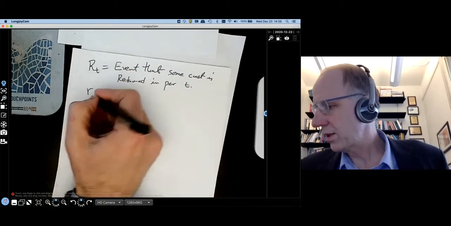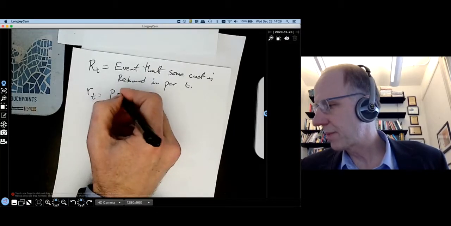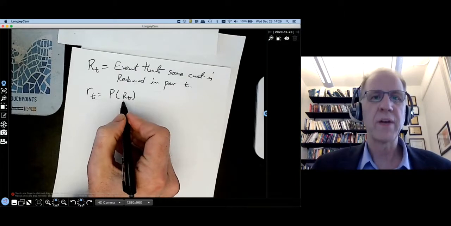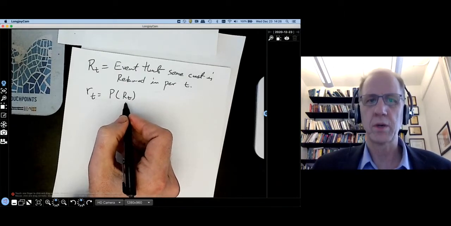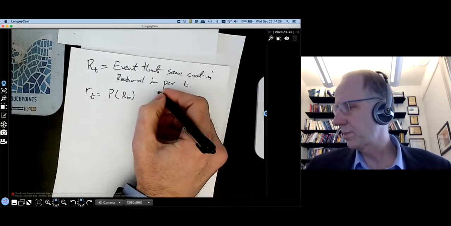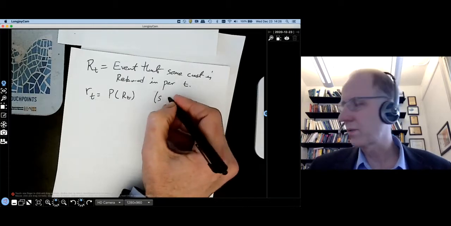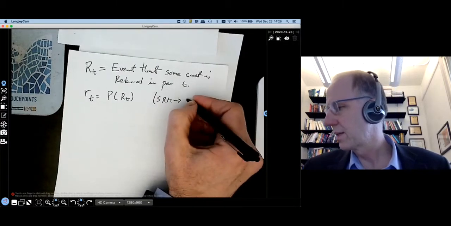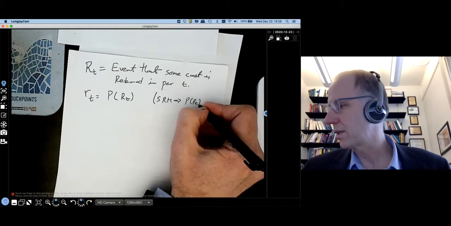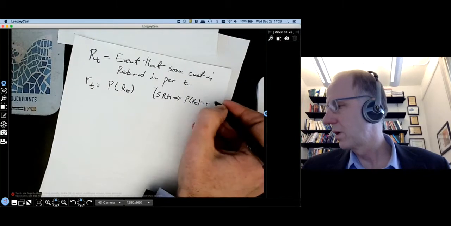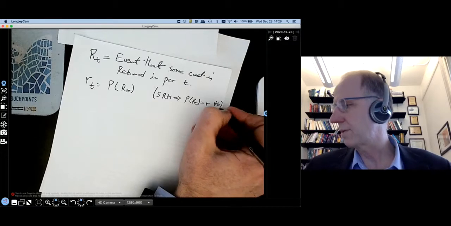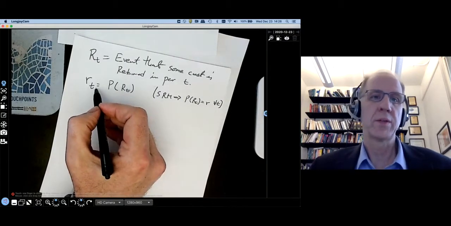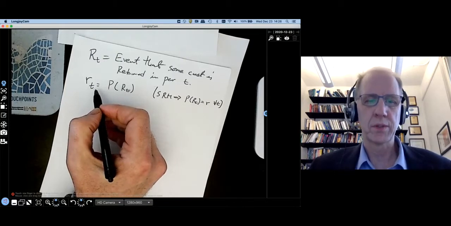And we're going to say r sub t is the probability of our event, big R sub t, occurring. Now, I'll just put in parentheses over here, the SRM implies that the probability of R sub t is equal to R for all values of t. Whereas now, we're going to give ourselves another subscript, is the way to think about this.